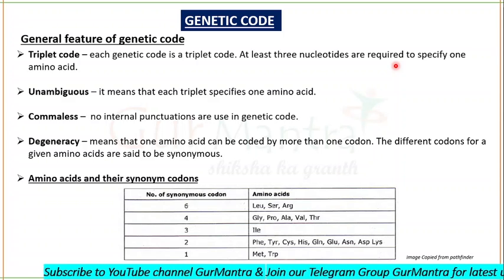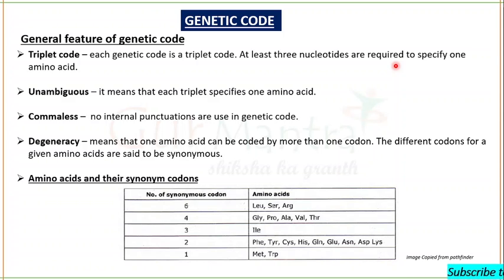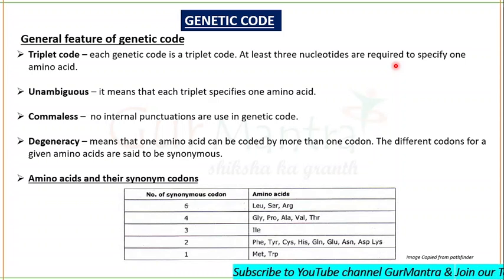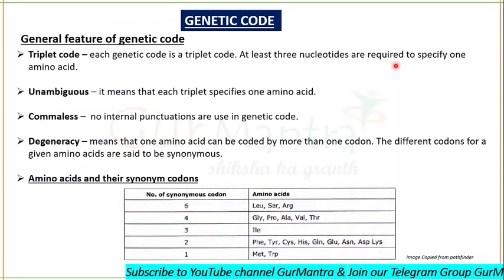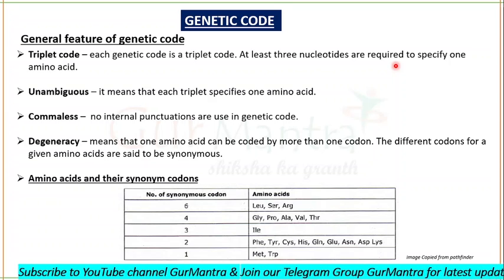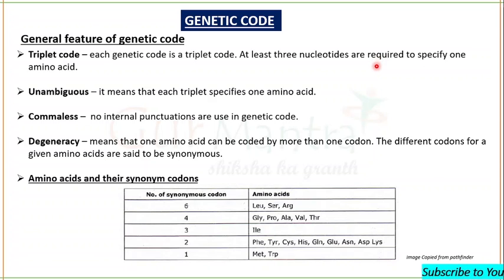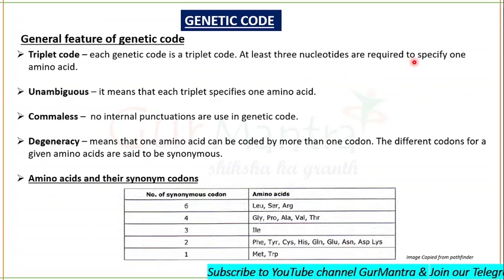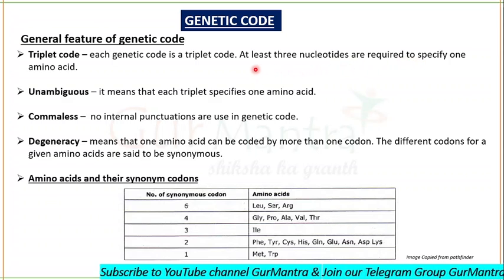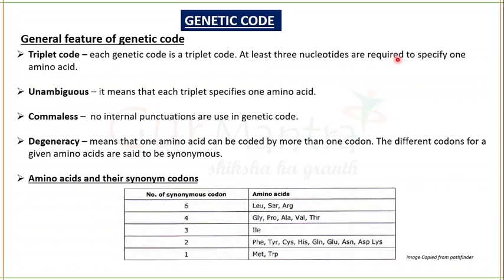It means 3 nucleotides. Adenosine will be attached to pentose sugar by glycosidic linkage. Similarly, U and G. So AUG will be encoding methionine, but there are 3 nucleotides. So to specify one amino acid, at least 3 nucleotides are required.